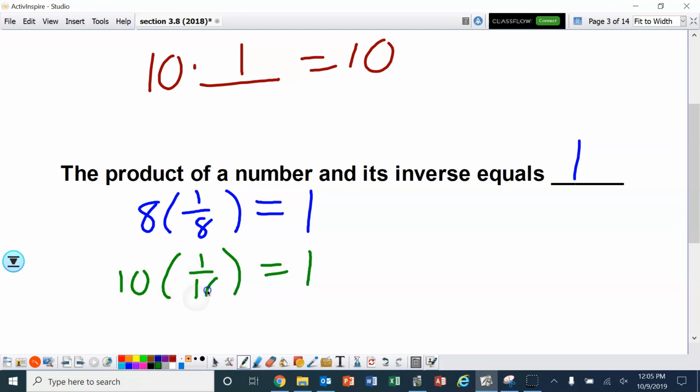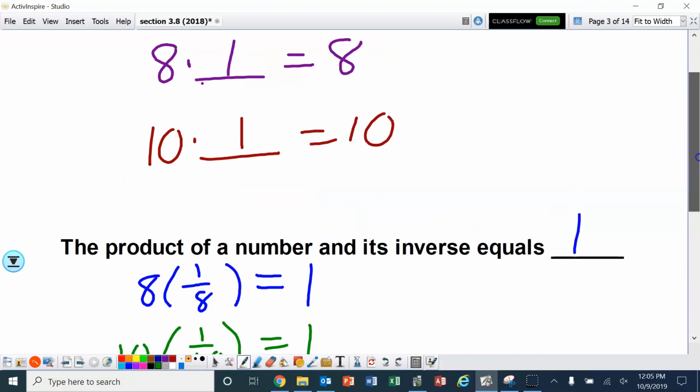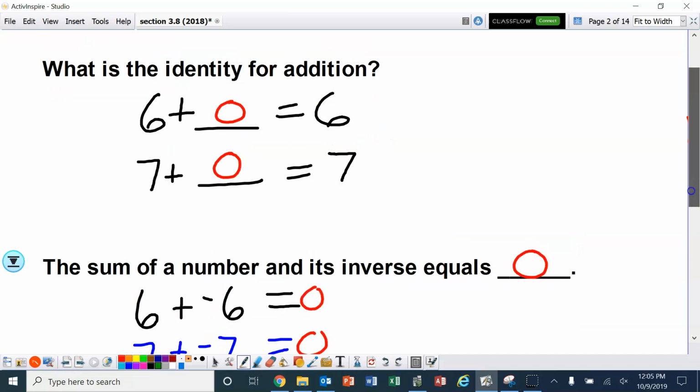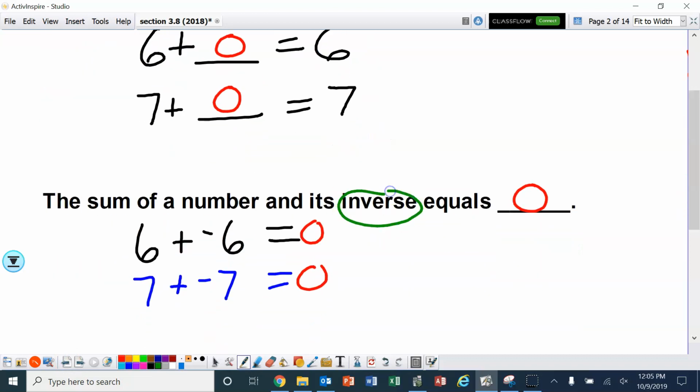And that would be 1/10, the reciprocal. So the inverse of multiplication is the reciprocal, and the inverse for addition is the opposite. All right?